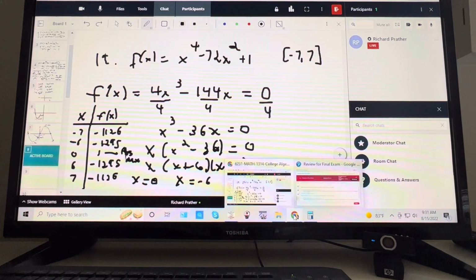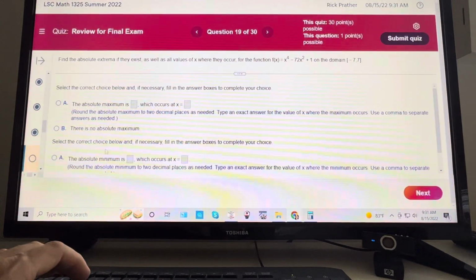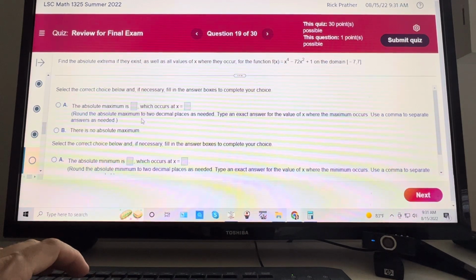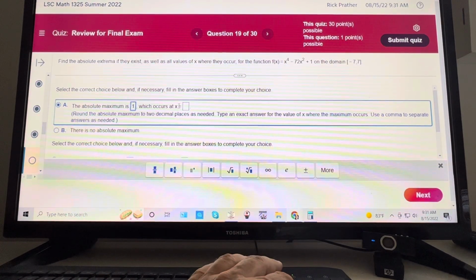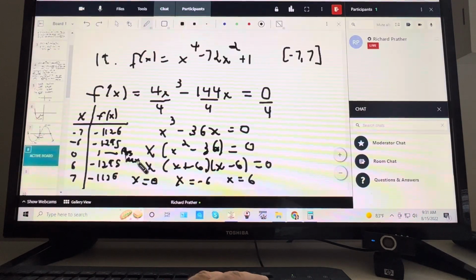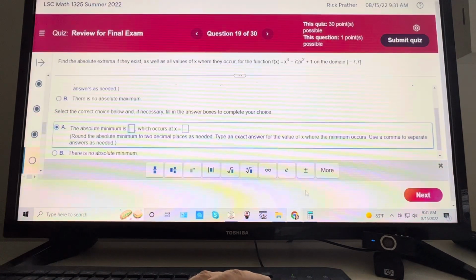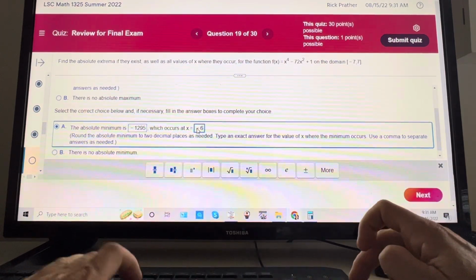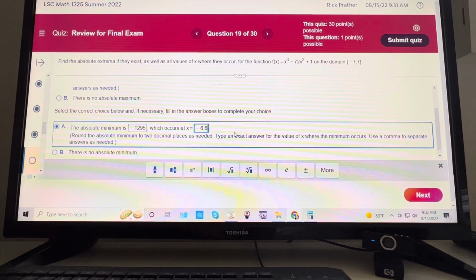So the values only occur once if you're guaranteed to get them. So we have both an absolute maximum and an absolute minimum. There's an absolute maximum of 1 that occurred at 0. There's an absolute minimum of negative 1295. It occurred at both negative 6 and positive 6. So there can be a tie for the location. And that's what we do with a closed interval.